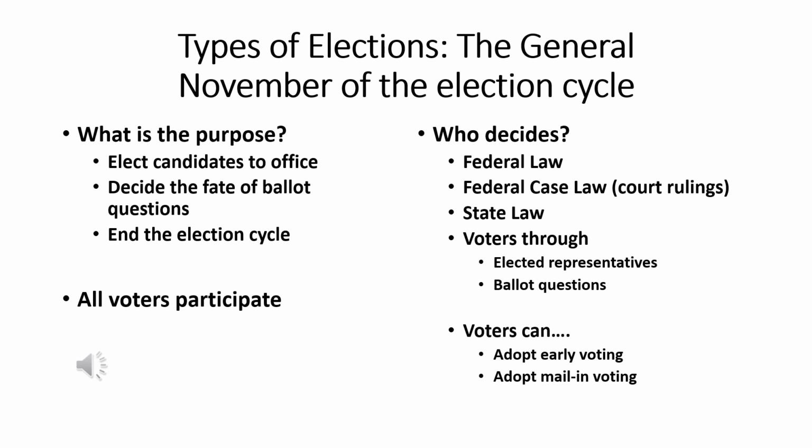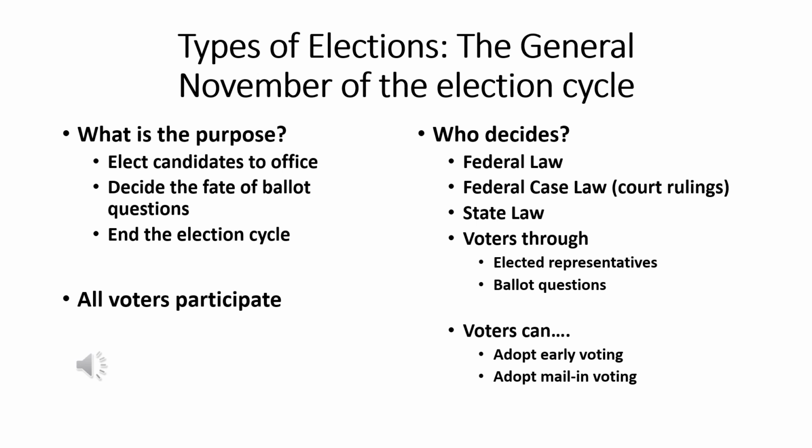Who decides what the general election looks like? Now, unlike the primary election, there are federal laws, there's federal case law or court rulings, and there are state laws that determine what the general election must look like. Voters also get to have some say through their elected representatives and through ballot questions.